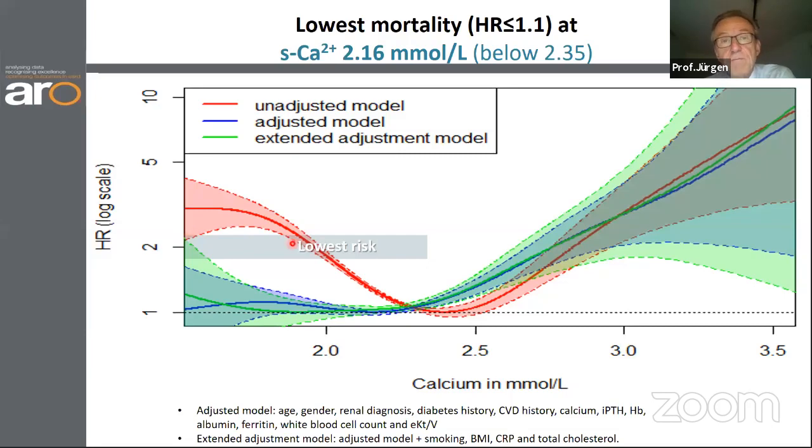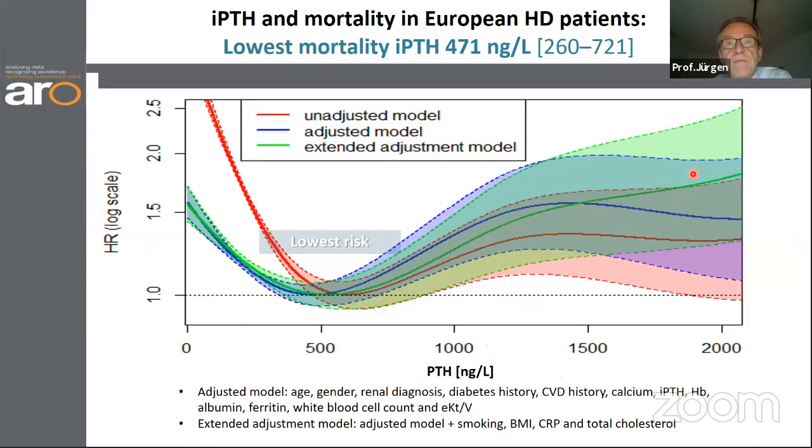This is calcium. Note the lowest mortality is at 2.16. And there is no lower limit. This is the interesting finding, whereas if you go into hypercalcemia, the risk of mortality increases very quickly. So it's very much in line with the latest KDIGO guidelines. And finally, here is PTH.